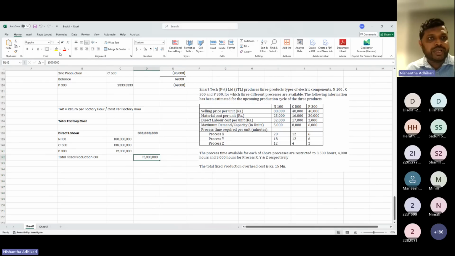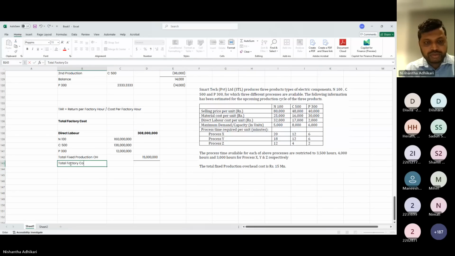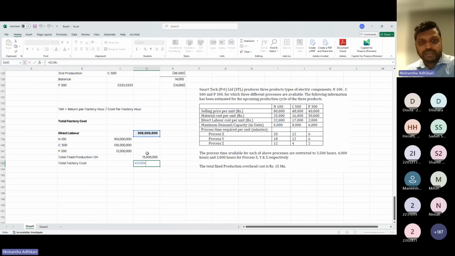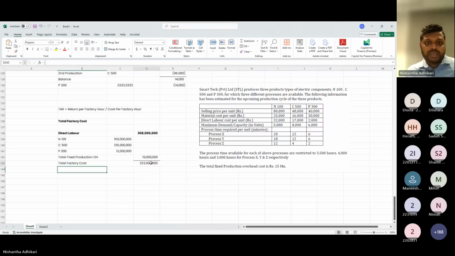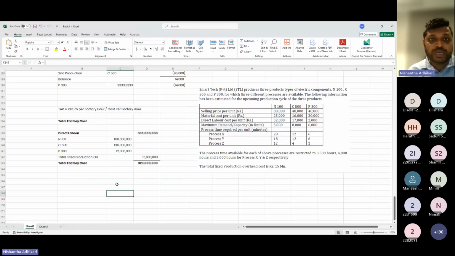Now we will calculate total factory cost: 308 million plus 15 million, 323 million. Total factory cost is 323 million. Now we have to calculate total factory cost per hour.